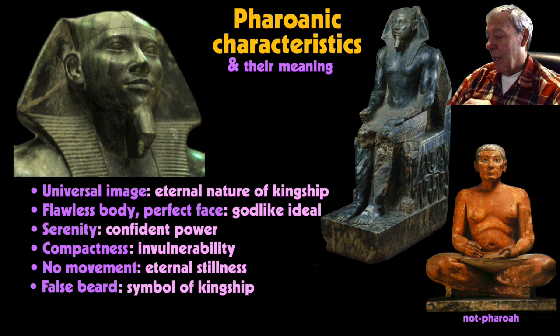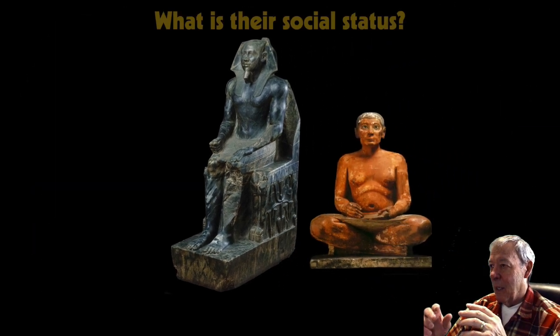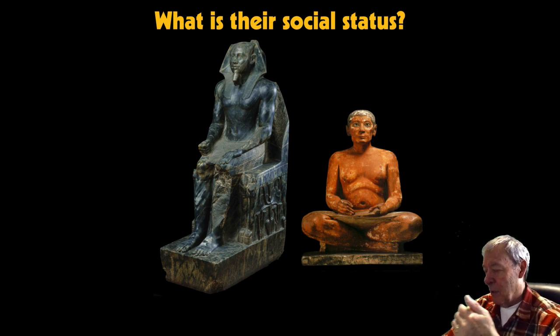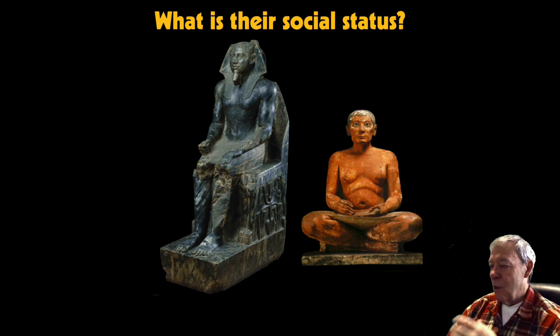So by contrast, not a pharaoh here, right? And that's clearly obvious. But to make sure you get the point, let's just investigate this a little bit. If you were presented with these two images and didn't know who they were, how could you tell what their social status was?